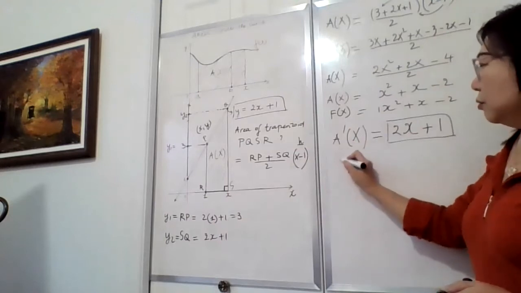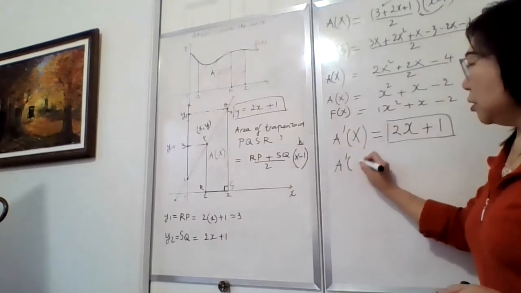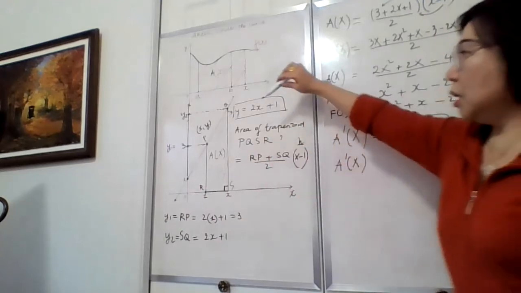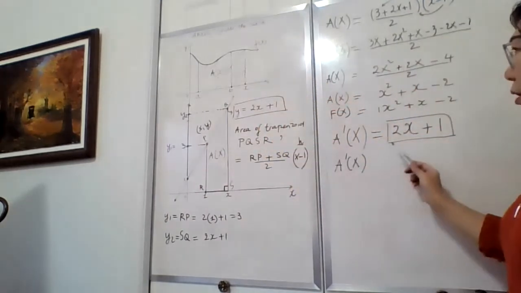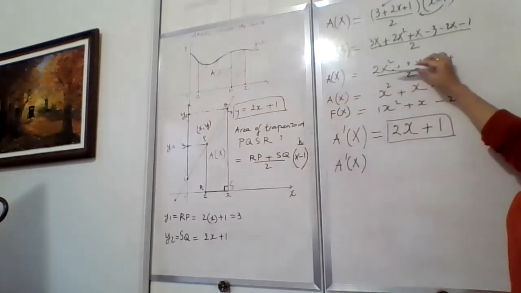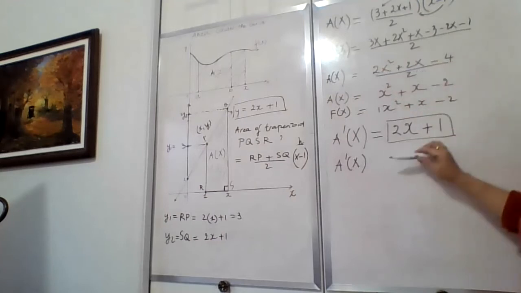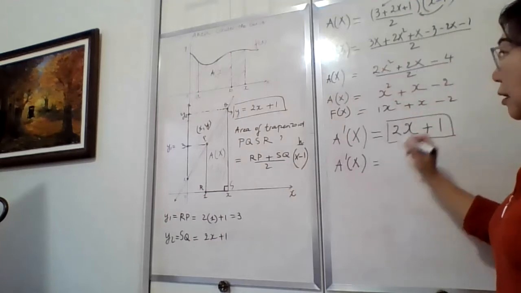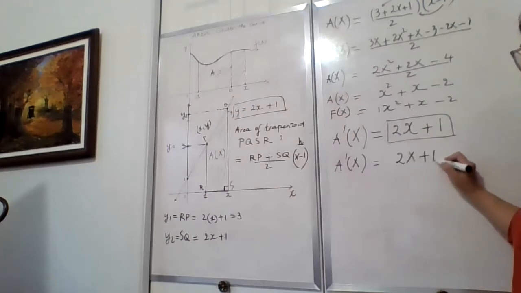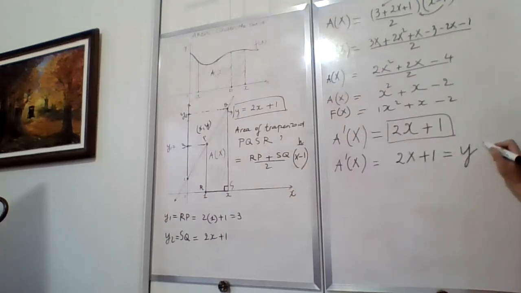So it turned out the rate of change of this area, which is the derivative of the area function, turned out to be the function 2x plus 1, which is equal to the y function, or equal to the original f of x function.